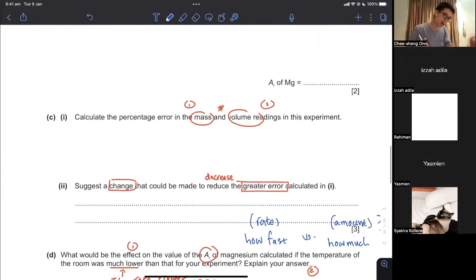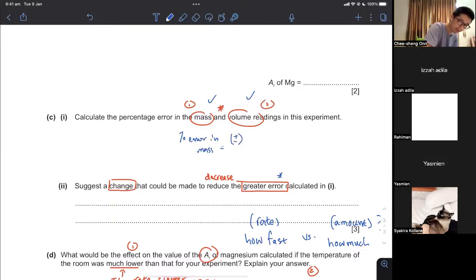This one is about the percentage error in mass and volume. I already mentioned that. If you want to reduce the percentage error in mass, so if you have the percentage error in mass, error in a single reading, forget about the plus minus, it's just something for me to remind myself. As you know, you have 0.00, 0.01, 0.02, these are gram. So the smallest division is 0.01 gram.